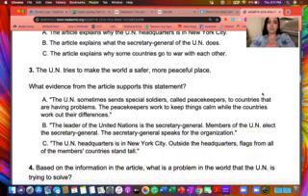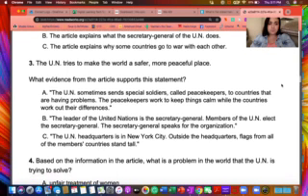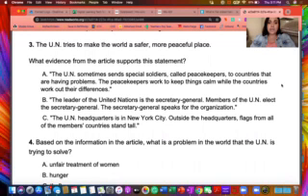Number 3, the UN tries to make the world a safer, more peaceful place. What evidence from the article supports this statement? A, the UN sometimes sends special soldiers called peacekeepers to countries that are having problems. The peacekeepers work to keep things calm while the countries work out their differences.